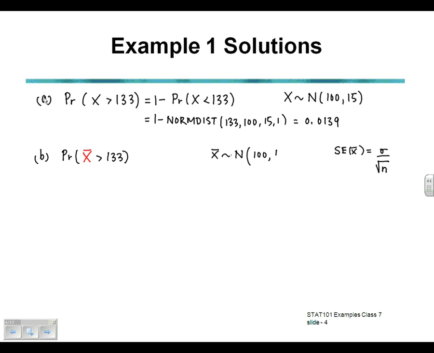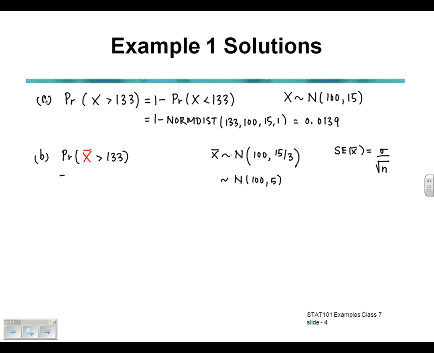So here we've got 15 divided by the square root of 9. The sample had 9 people in it, and we have 15 divided by 3, which of course is 5. So we have x bar coming from a normal distribution with a mean of 100 and a standard deviation, because it's the standard error, of 5.